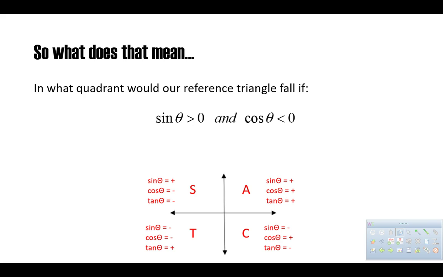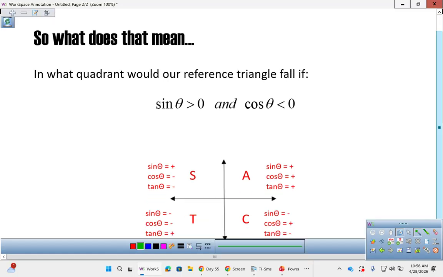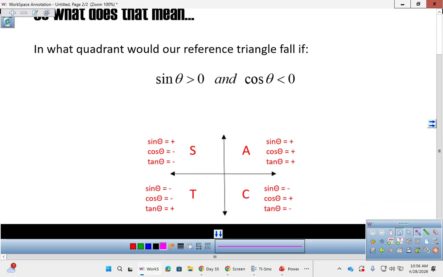So think about these 2 pieces of information. Sine of theta is greater than 0, cosine theta is less than 0. So what does that mean? If sine of theta is greater than 0, what this is saying is that the sine is positive, right? Because greater than 0 means it's a number bigger than 0. Numbers bigger than 0 are positive.